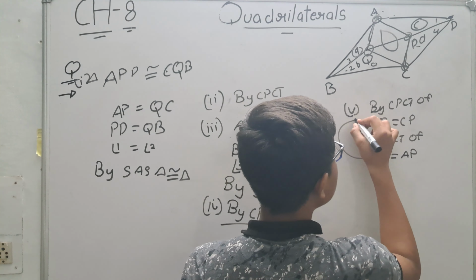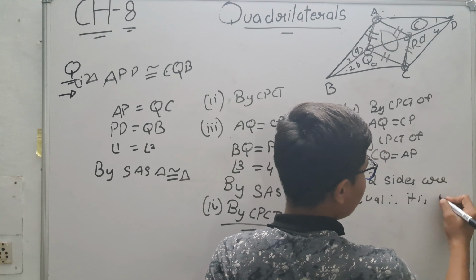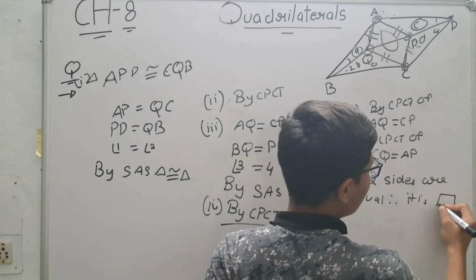From these two, we get that this side and this side are equal, and this side and this side are equal. If all sides are equal, it is known as a rhombus, but we have to prove that it is a parallelogram. So since the opposite sides are equal, therefore it is a parallelogram. So we are done with our first question.